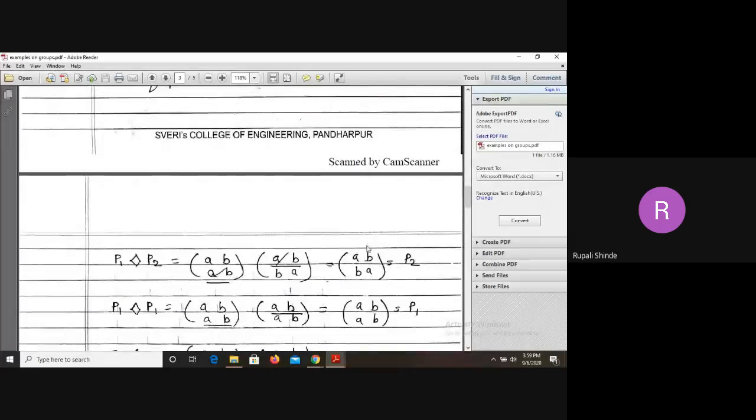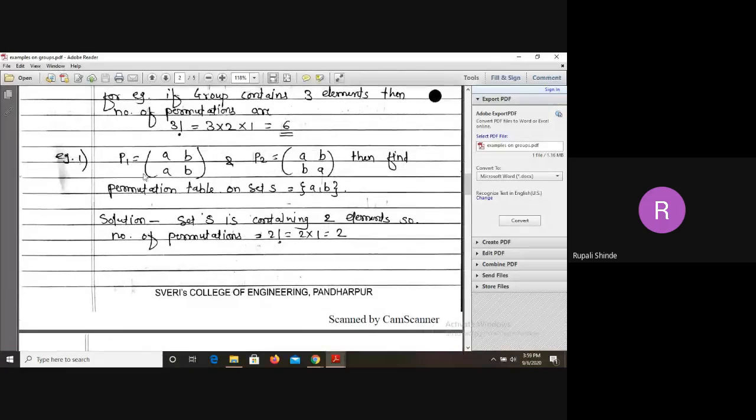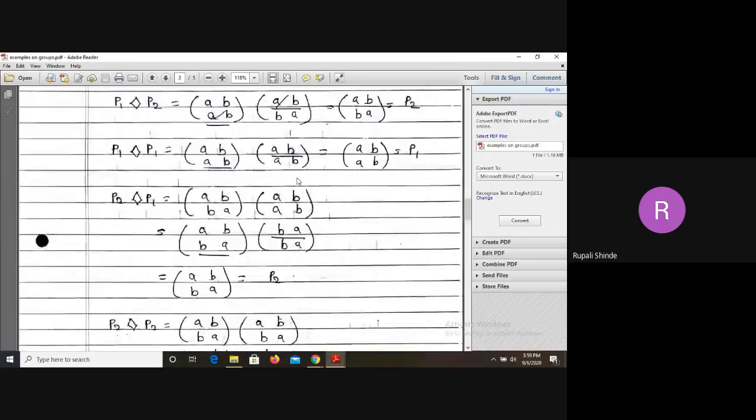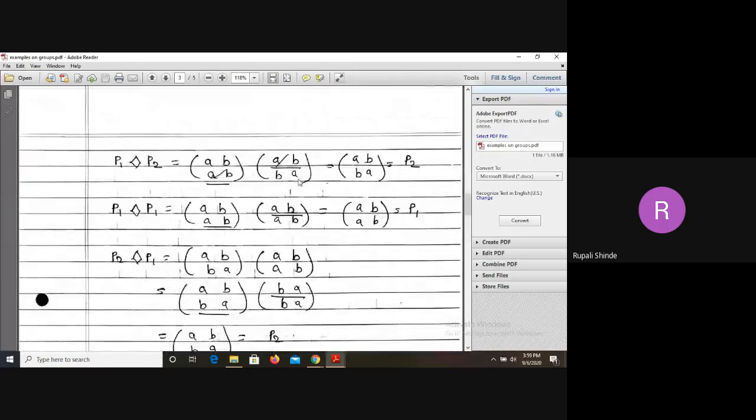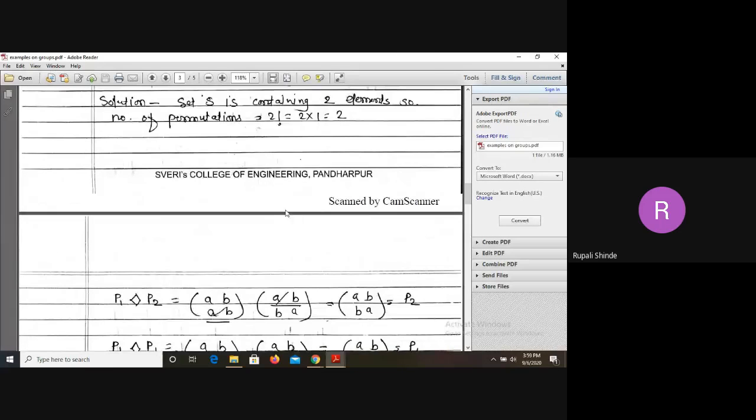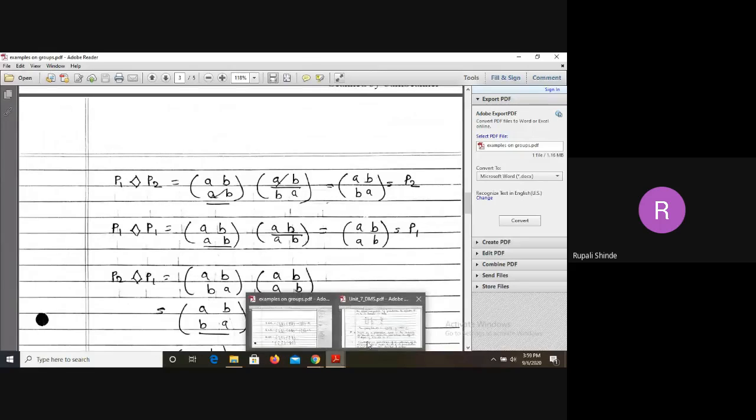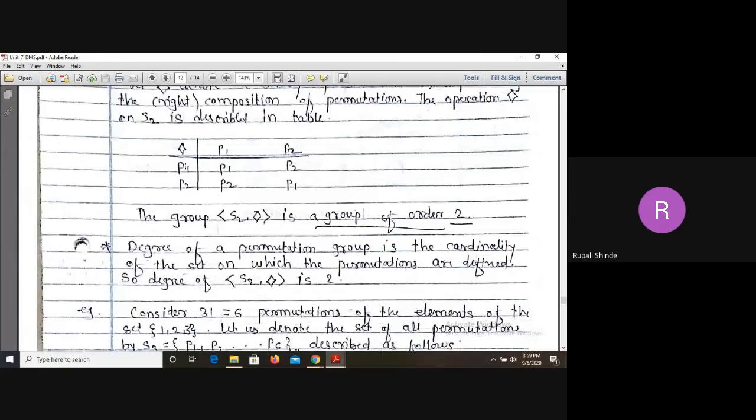So here are the given permutations P1 and P2. Now we have to form this permutation table. The first element of the table is P1 permutation P1.